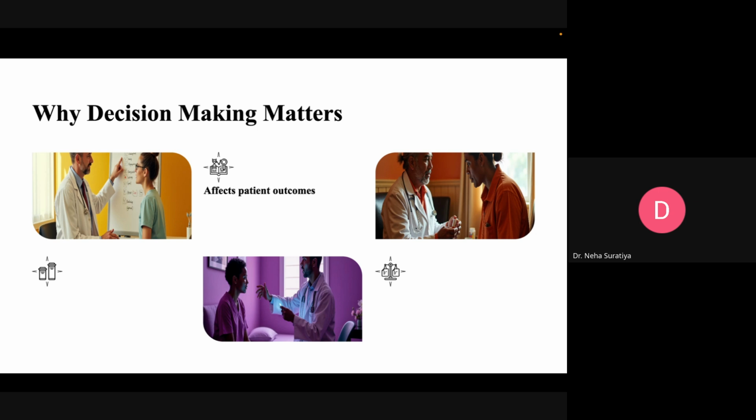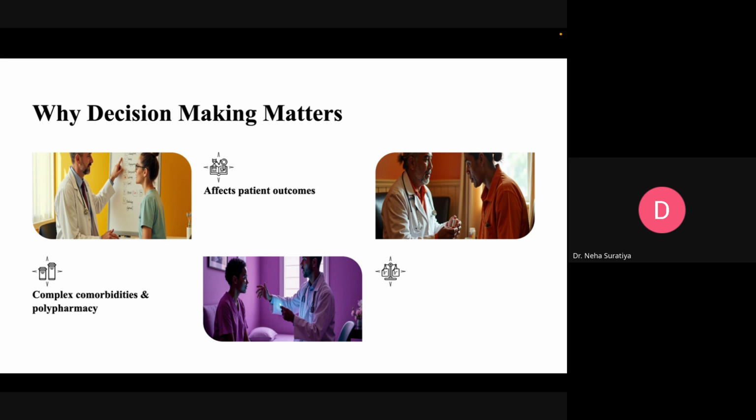Obviously it affects the patient's outcome. As healthcare professionals, we revolve around one center, and that is the patient. Everything we do is for the patient. Decision making matters because it affects patient outcomes.